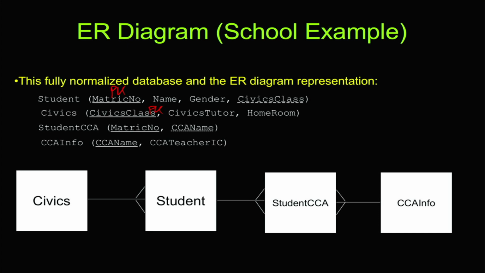In student CCA, the PK is your matrix number, and the CCA name is also a PK. Of course there are also foreign keys. So civics class from student is a foreign key inside this one, as well as a primary key. So civics class is a foreign key, and CCA name also exists over here. So this is a FK and this is a FK as well.